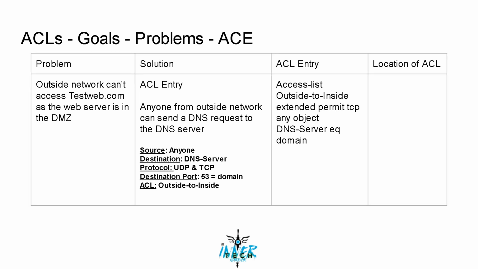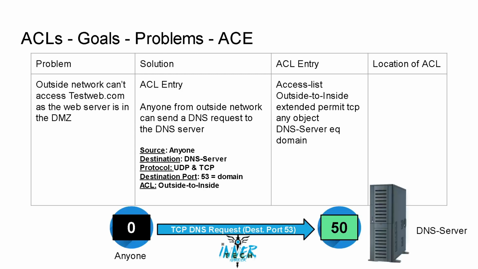Access-list outside-to-inside extended permit TCP any object DNS-server equal to domain. So we're saying it's an extended access list that permits a TCP protocol from anyone to the DNS-server as the destination, as long as the data packet has a destination port of 53.